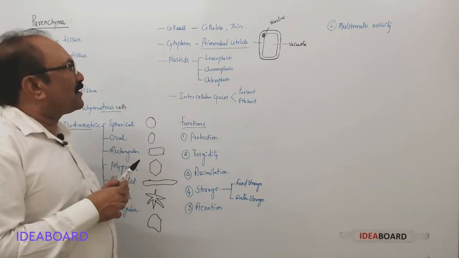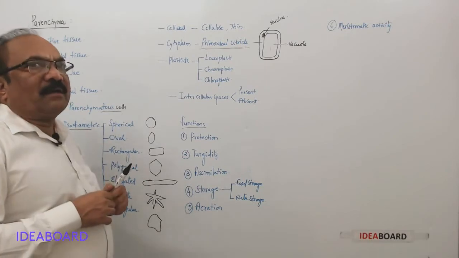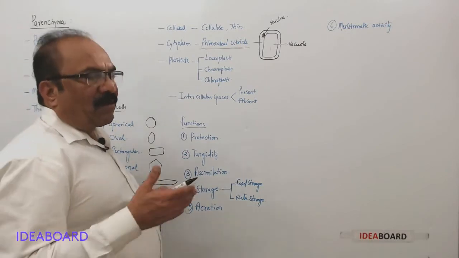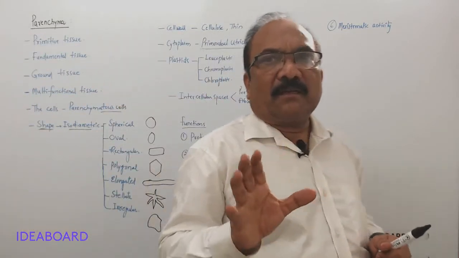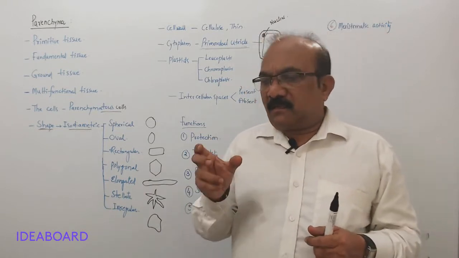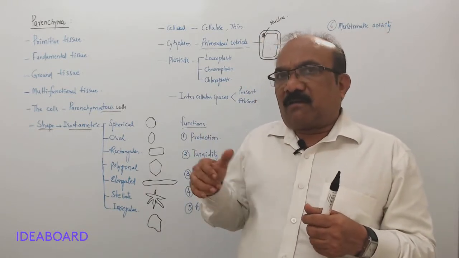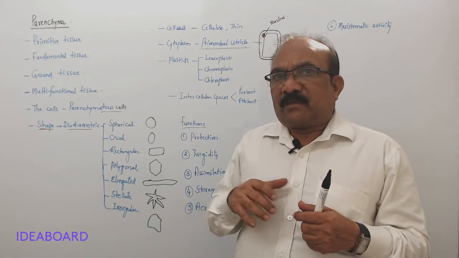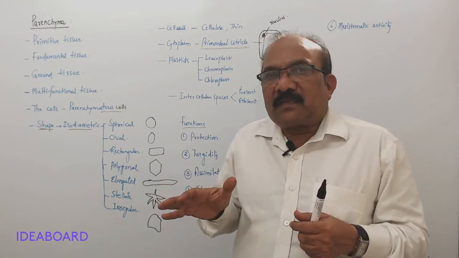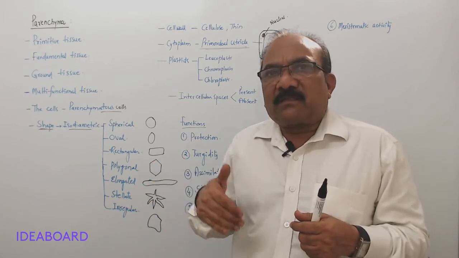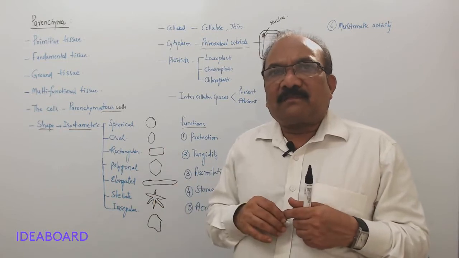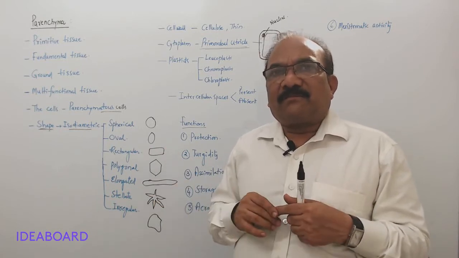But what is present in parenchyma? In parenchyma, all three types are present, but you have to be very careful. I am not saying that in one parenchyma cell all three are present. It may have leucoplasts, chromoplasts, or chloroplasts. How?